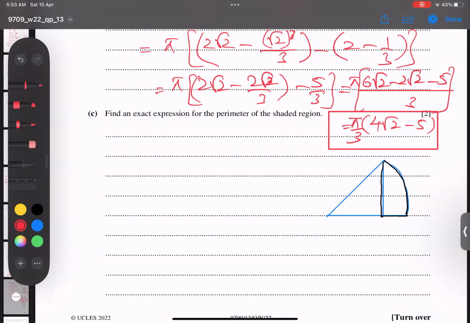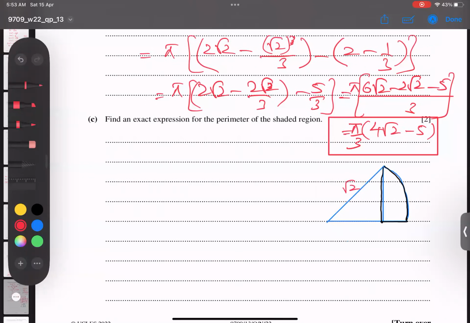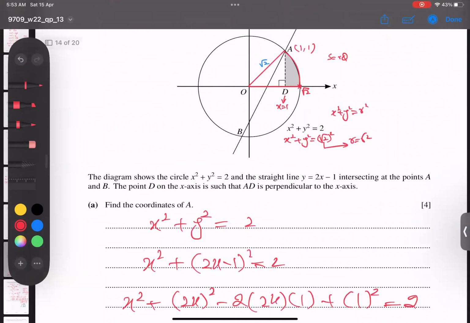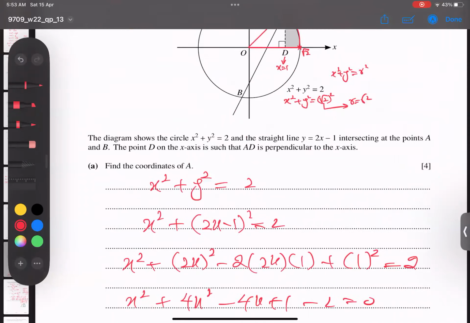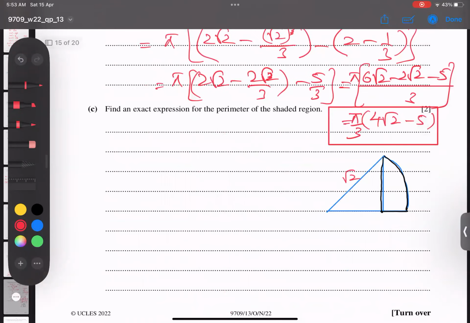This is a radius, which is root 2. This gap is 1, from here till here, and this gap is root 2, from here till here.